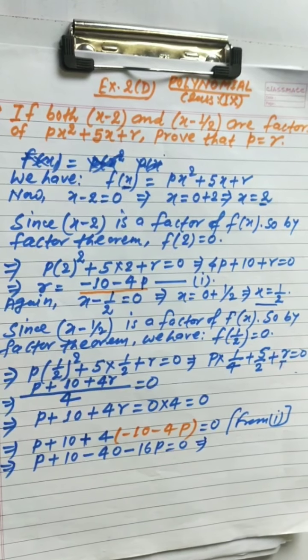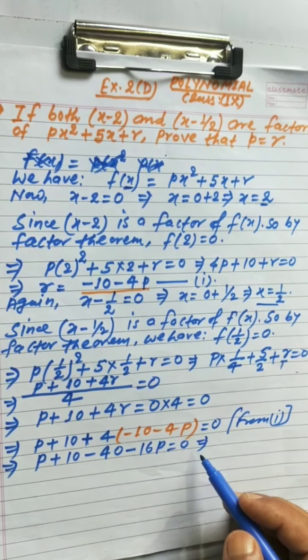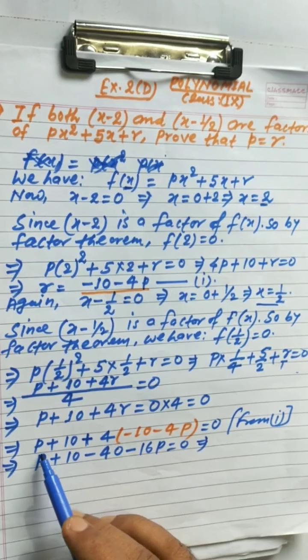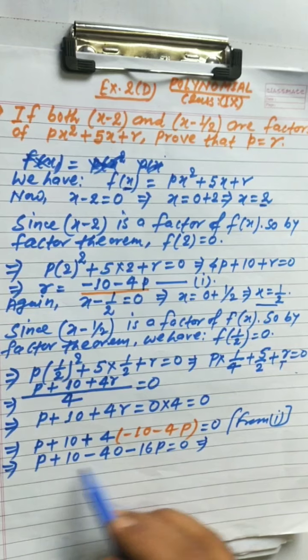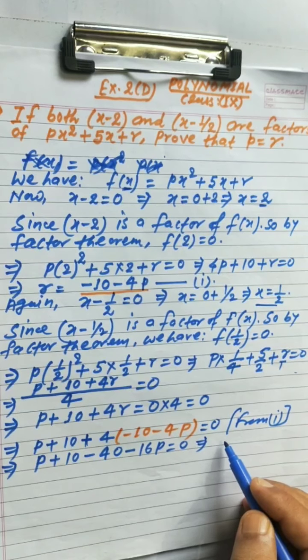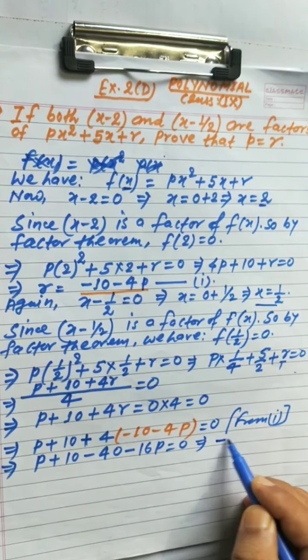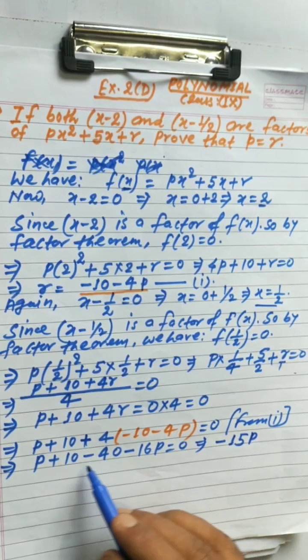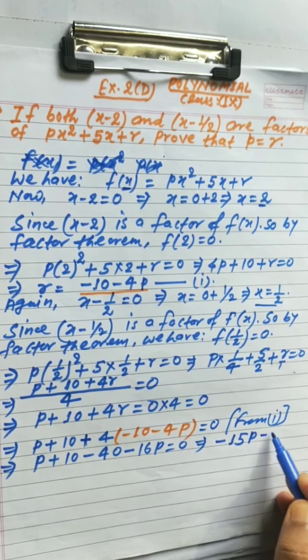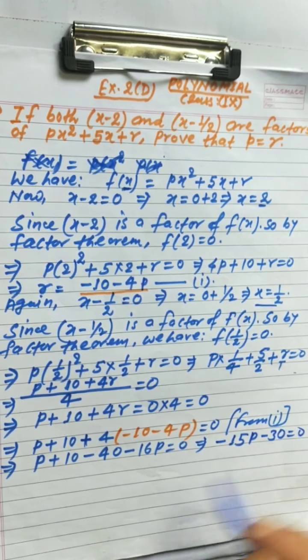So p minus 16p will be minus 15p, and 10 minus 40 will be minus 30, is equal to 0.